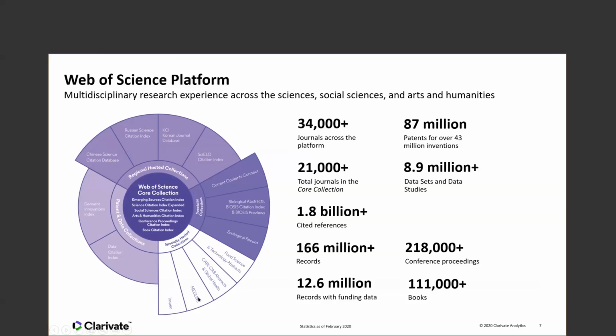For example, Medline, that belongs to PubMed, is also a database that is hosted in the Web of Science platform. And we have also those ones that we call regional, that are coming from different countries, different continents. So it's the result of a collaboration with other institutions.